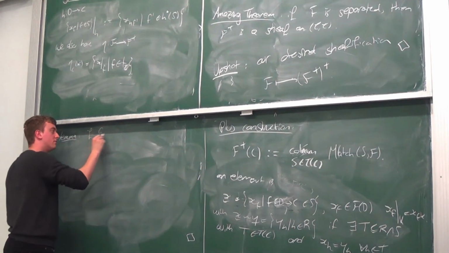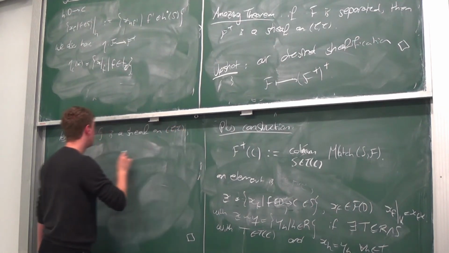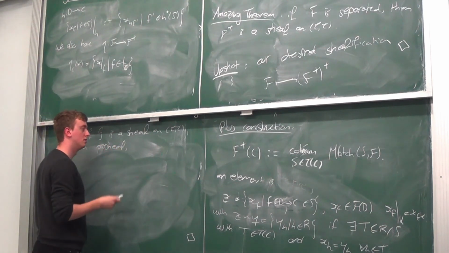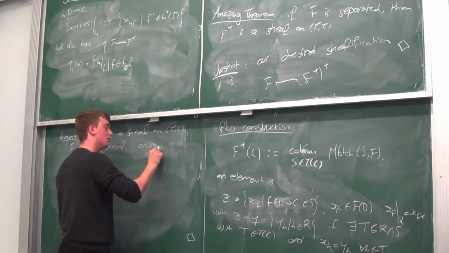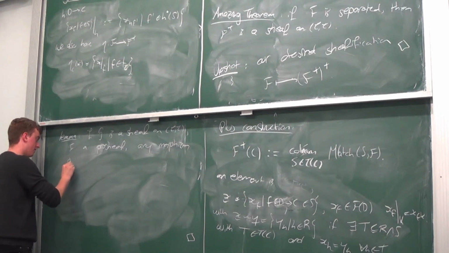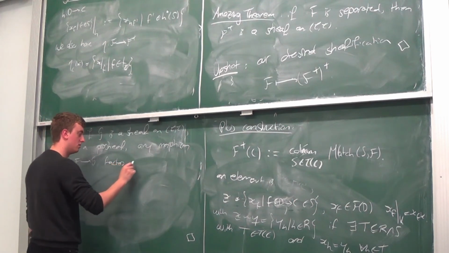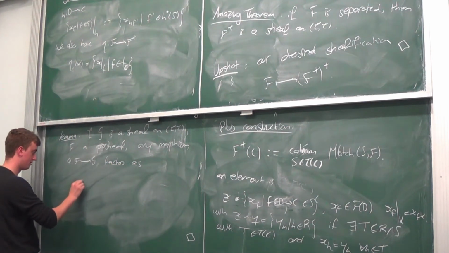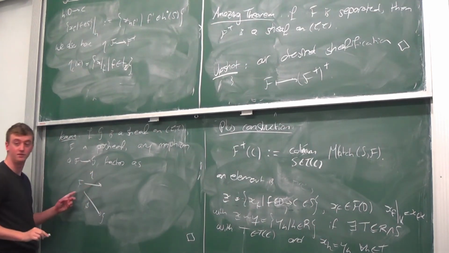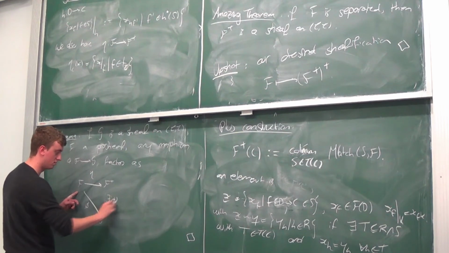So if G is a sheaf, and F a presheaf, then any morphism phi from F to G factors through this eta going to F plus, uniquely.